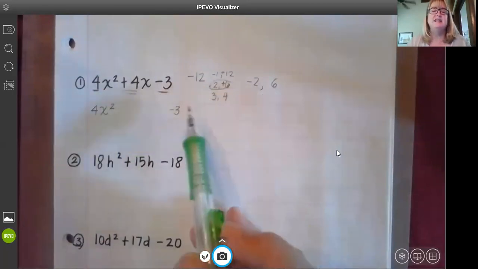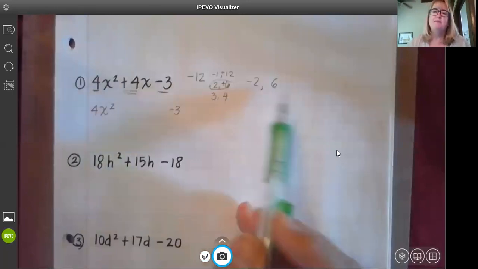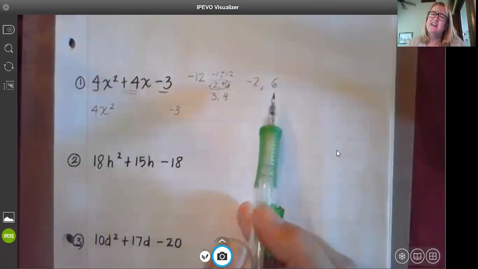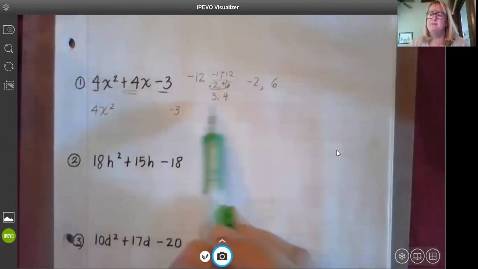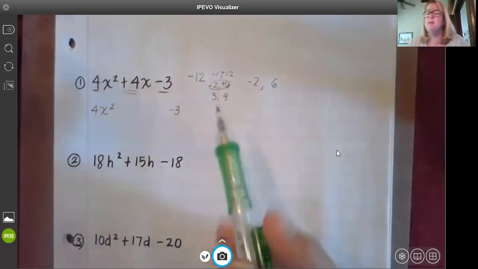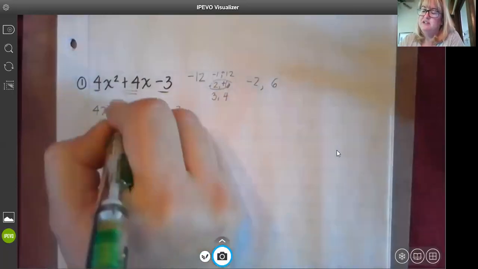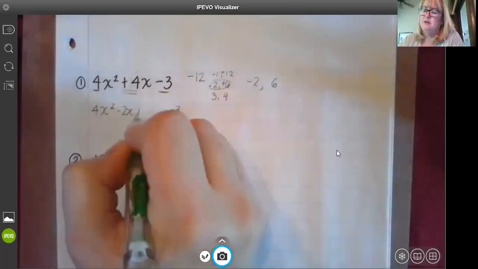So it really does not matter which one, because either one will work. But I'm thinking a little bit ahead. I see that I've got this -3, and I kind of want the 6 to go with the -3. Again, it doesn't matter. You'll get the same thing either way. So I'm going to put the -2x first. So -2x, and then the +6x.